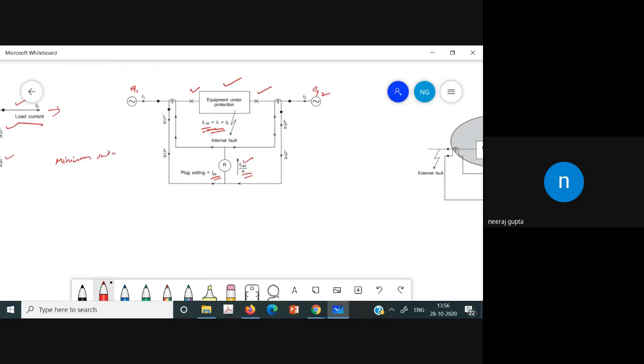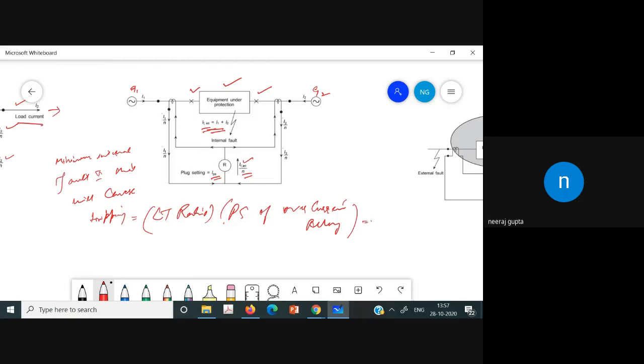Now, also one more point: the minimum internal fault current that will cause tripping is equal to the CT ratio into the plug setting of the overcurrent relay.